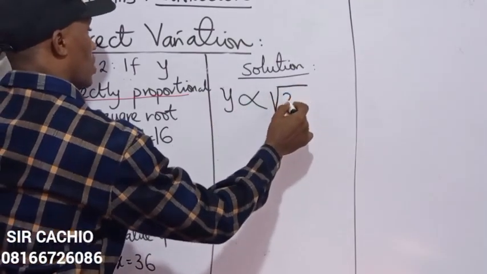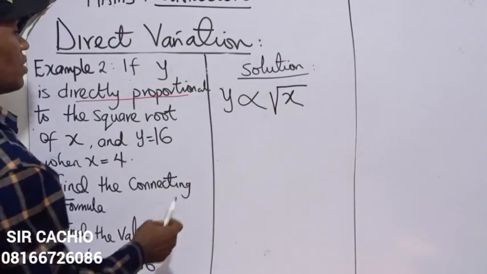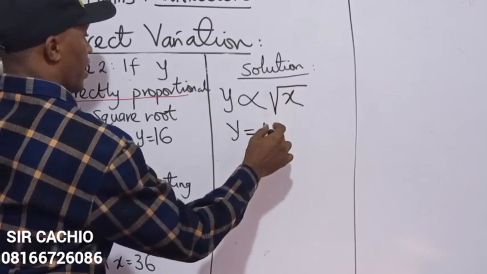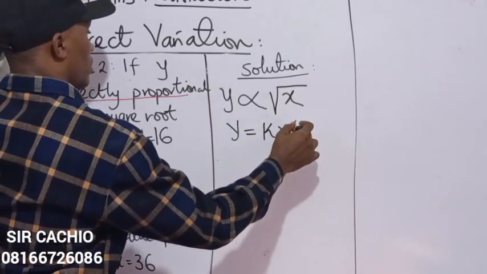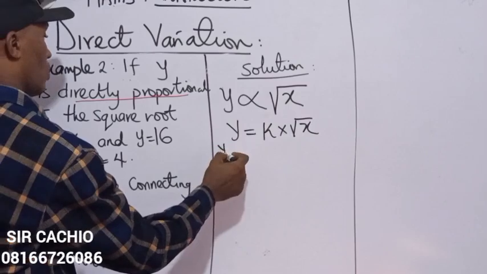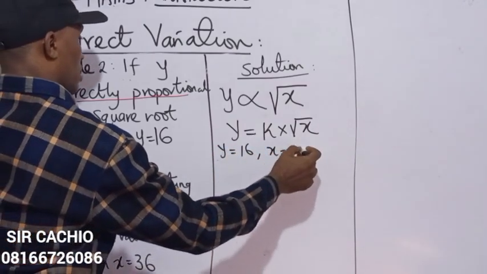Directly proportional, we interpret immediately. After removing the proportionality sign, we have y equals k times root x. We pick y is equal to 16 and x is equal to 4.